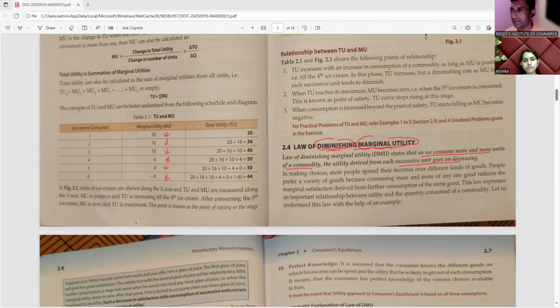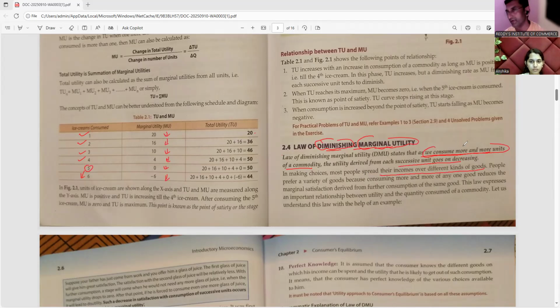So we can write down that the law of diminishing marginal utility states that as we consume more and more units, when you are consuming more and more ice creams, at the satiety level it becomes zero, and after that it becomes negative. Now in making choices, most people spread their income over different kinds of goods.